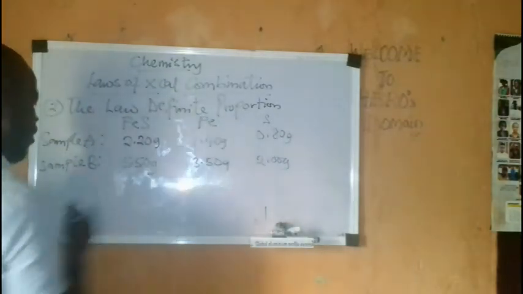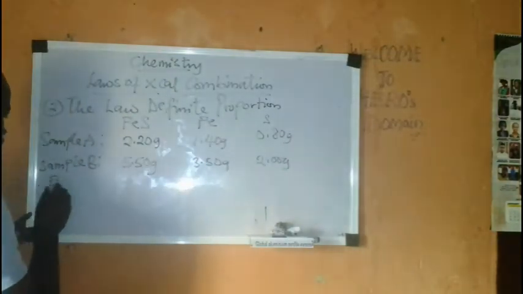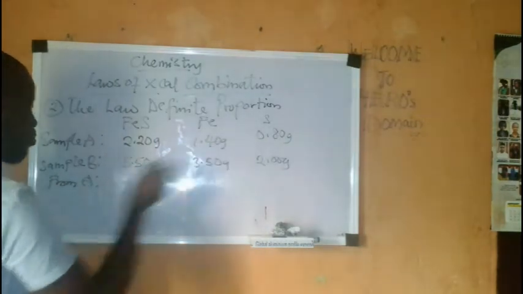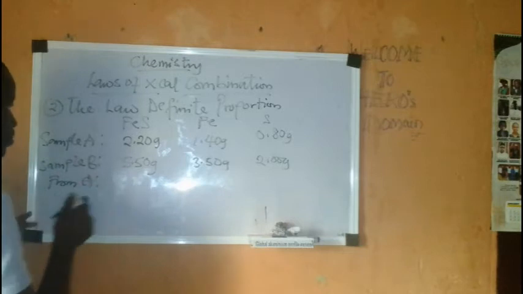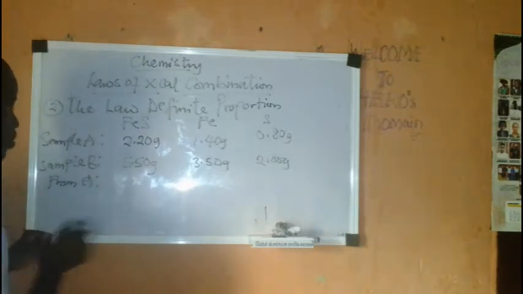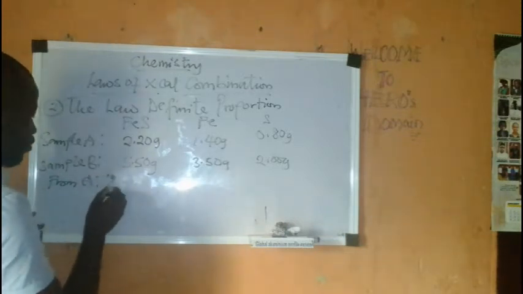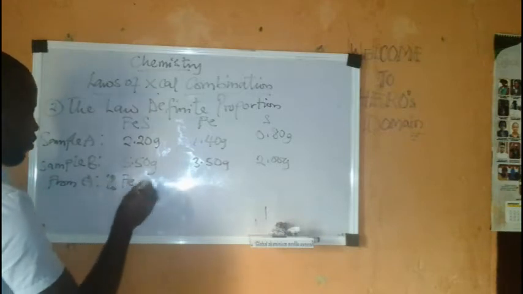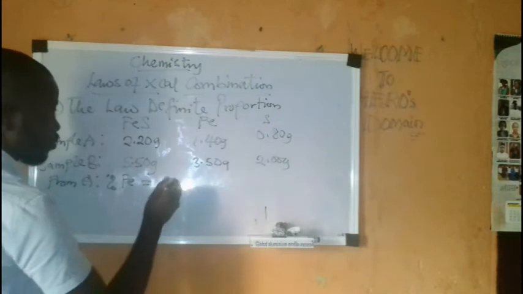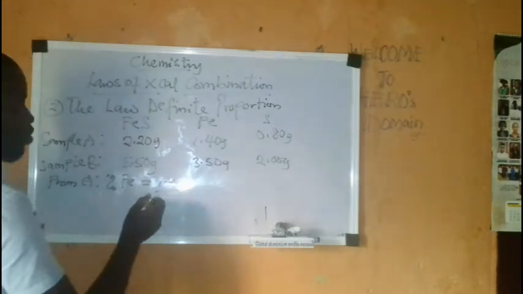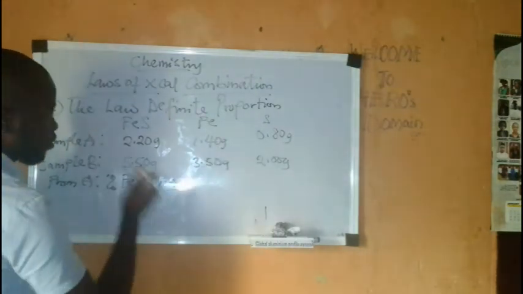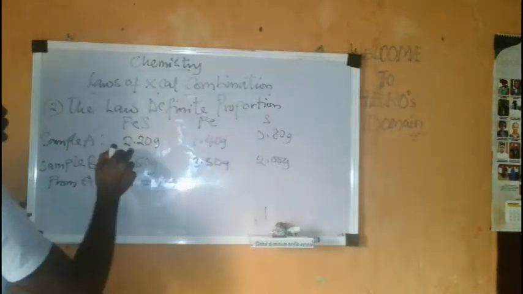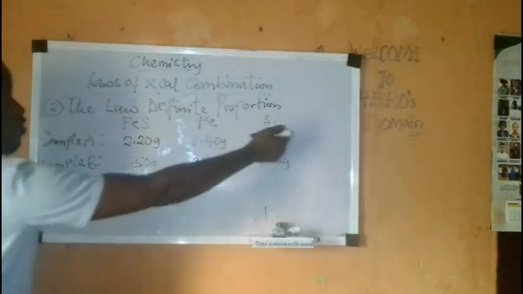From sample A, the percentage of iron will be 1.4 gram of iron all over the sum total of the compound.